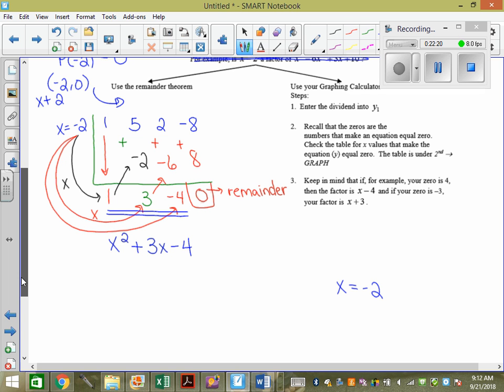So I know I have one factor. If I wanted this in factored form, I'd have x plus 2 already. If I wanted x-intercepts, this is factors. This is roots, zeros, x-intercepts. We agree? How could I get the other ones?